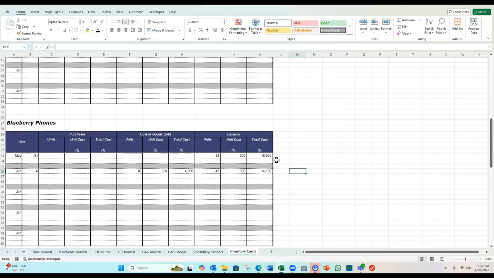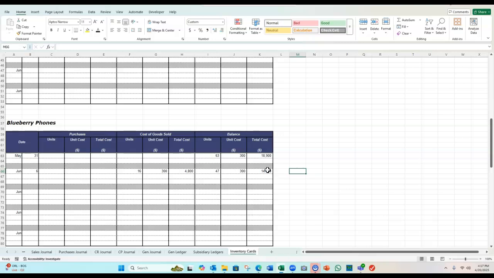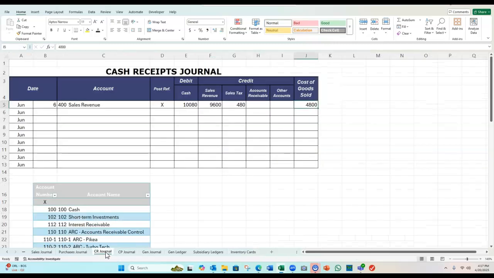That's it. So we have entered this in the cash receipts journal: debit to cash, credit to sales revenue, credit to sales tax payable. We've entered the cost entry as a debit to cost of goods sold, a credit to merchandise inventory, and we have posted it to the inventory card. So we have the cost of goods sold and the new balance in the inventory card. At the end of the month, we will post this whole column.